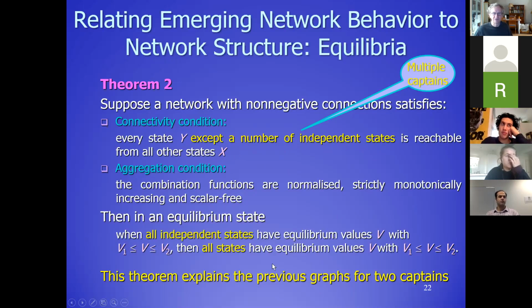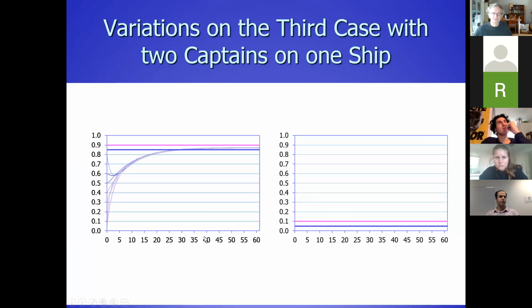Then in an equilibrium state, if the independent states have a range of values in equilibrium, say between 0.5 and 0.8, then also every state has a value between these limits, between these bounds. So this explains the previous graphs, which show that indeed if the captains have values, like in this case, 0.85 and 0.9, then everybody should have in the end values between these two values of the captains.